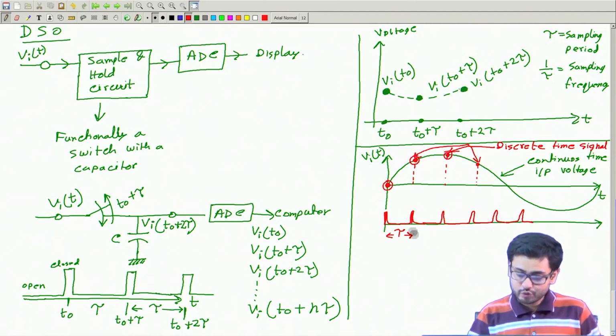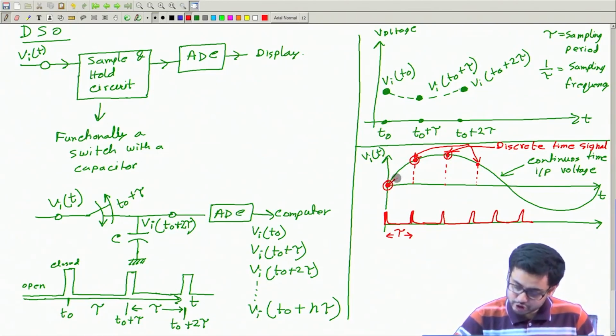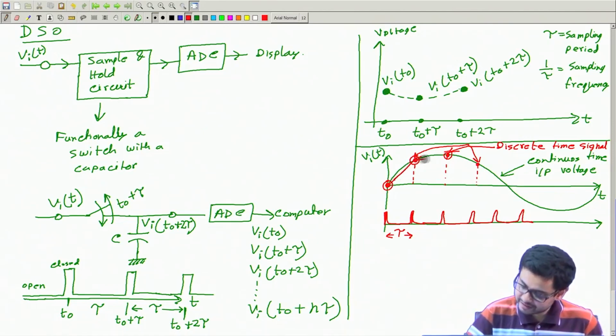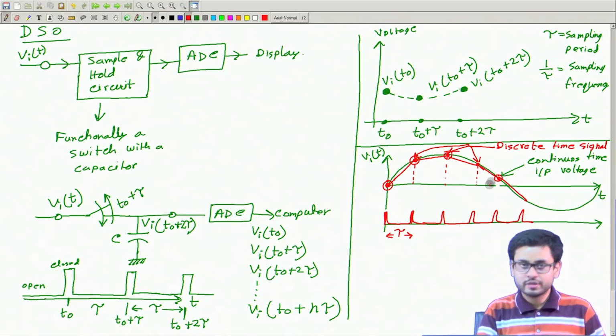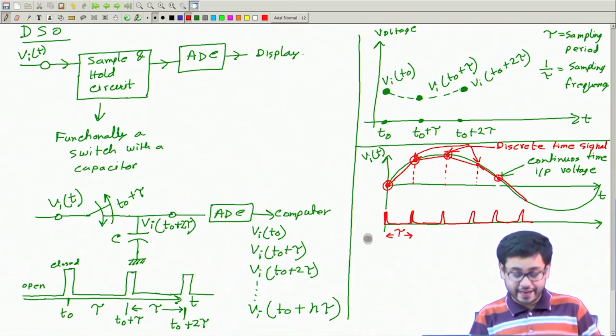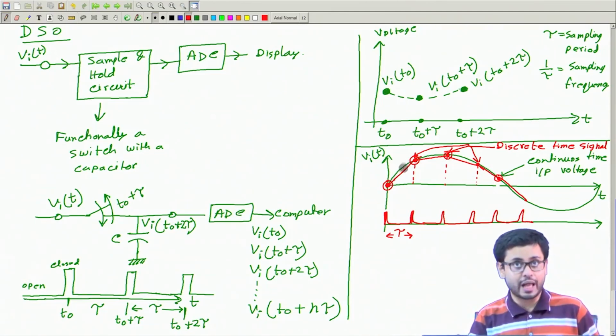So the computer will only draw these dots. It cannot draw this smooth waveform. Even if it joins these points, it will join them possibly with straight lines, like this. So we cannot get the exact detail or exact voltage between two samples.